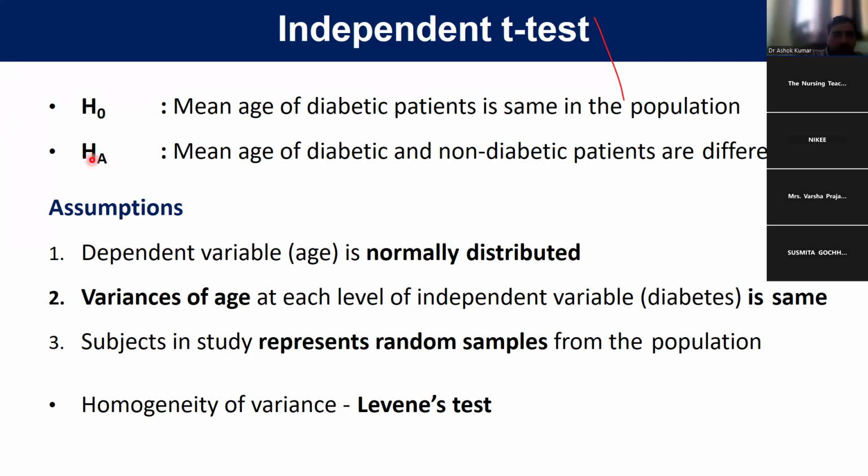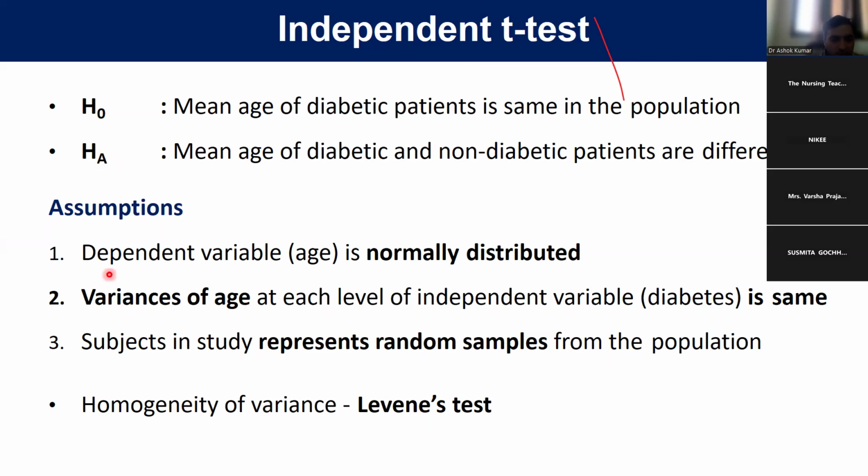With a level of significance of 0.05. So we assume the dependent variable age is normally distributed, and the variance of age at each level of the independent variable, diabetes, is the same.